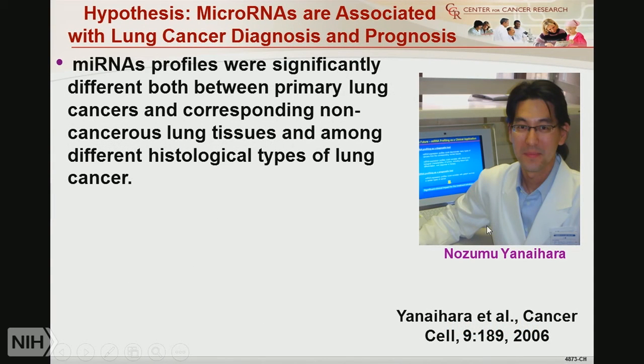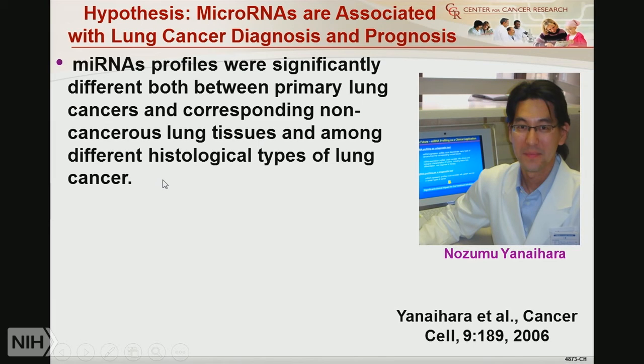So let's start looking at lung cancer. And Nozomi was the one in our group that initiated these studies. And the hypothesis was that microRNAs are associated with lung cancer diagnosis and prognosis. And he actually found that the profiles were different between primary lung cancers and corresponding non-cancerous tissue, matched pairs, and among different histological types.